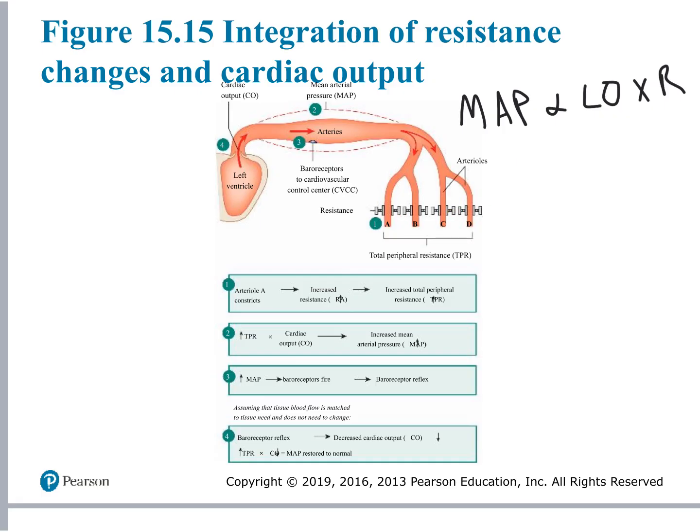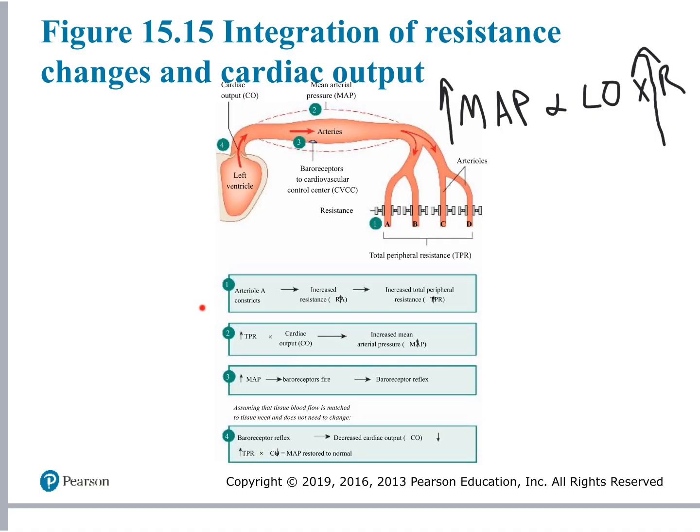We looked at that in the very first slide. So let's look what's happening here. What happens if we vasoconstrict one of these blood vessels? If we constrict arteriole A, whenever you constrict a blood vessel, it increases the resistance. What happens whenever you increase the total resistance? If we go back up here to this chart, if we increase resistance, then it increases the mean arterial pressure.